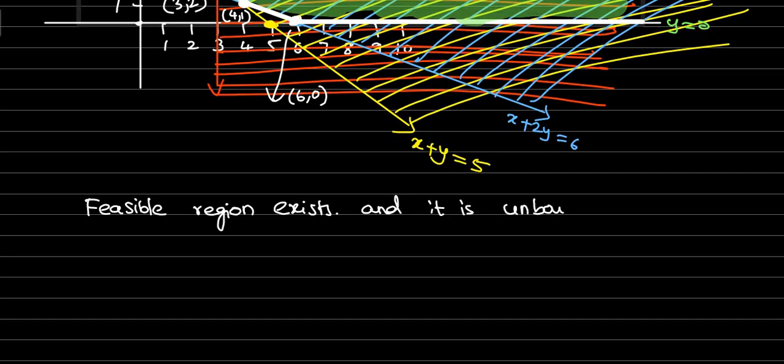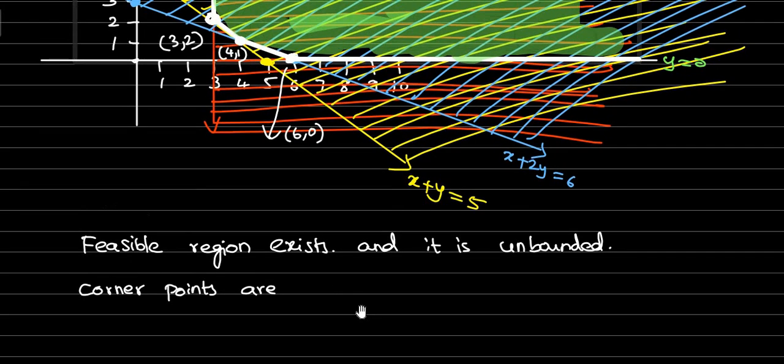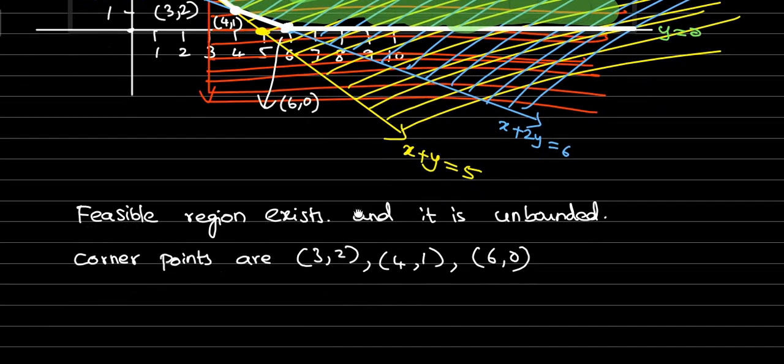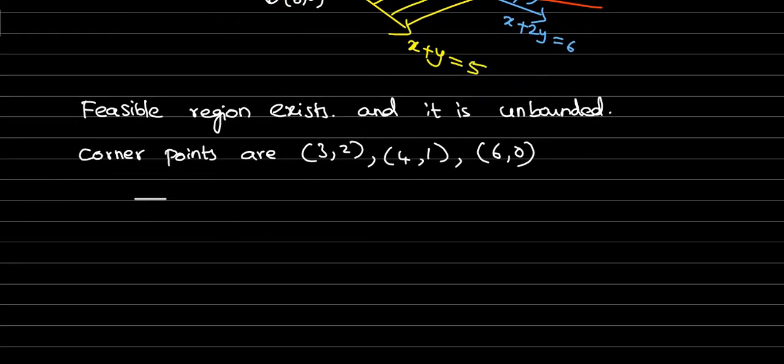We are not getting a closed polygon here, so it's unbounded. And the corner points are, what are the corner points we have? 3 comma 2, 4 comma 1, 6 comma 0. Only three corner points. Now these three corner points we are going to substitute in the given Z.